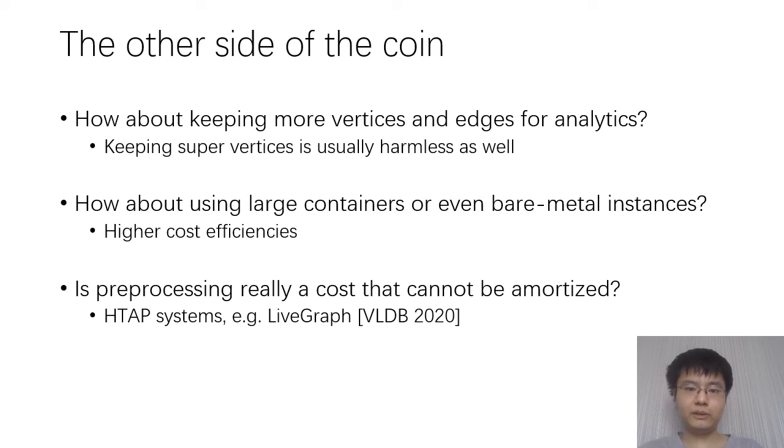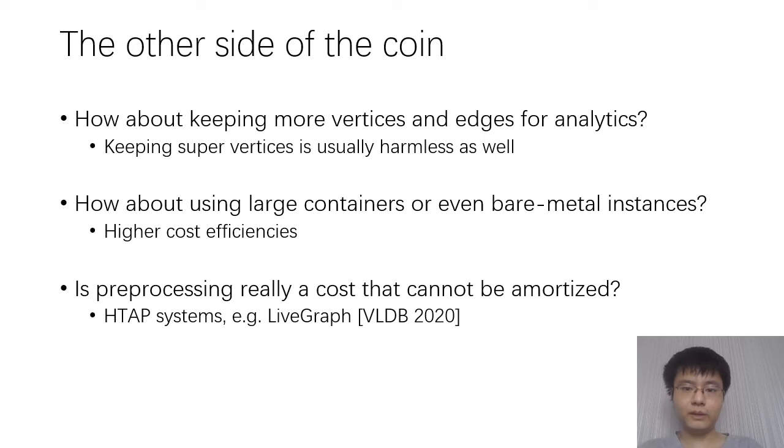Actually, Gemini-based G-compute is nearly an order of magnitude faster than previous approaches, and also consumes significantly less memory, even before our modifications. This opens up some new options to be explored. For instance, we are now encouraging our users to keep more vertices and edges for analytics whenever the resource quota allows. While pruning super vertices is harmless, keeping them is harmless as well, and may reduce many data cleaning efforts.